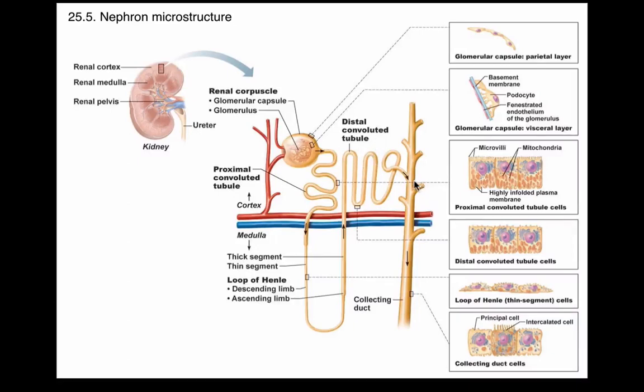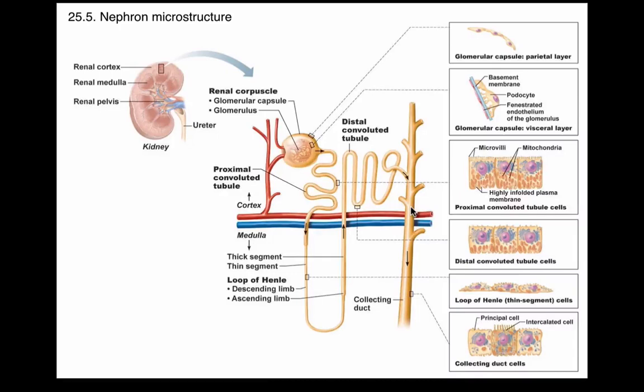Then after this comes this shared structure, the collecting duct. There are a couple of principal cell types. One we call principal cells, which are short, with every now and then short microvilli, and those help to maintain water and sodium balance.